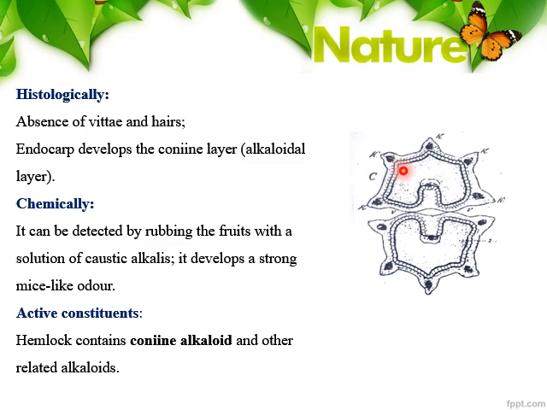It is known as the coniine layer. On rubbing the fruits with sodium hydroxide or potassium hydroxide, a strong mice-like odor develops due to liberation of coniine alkaloid. The active constituents are alkaloids, coniine, and other related alkaloids.